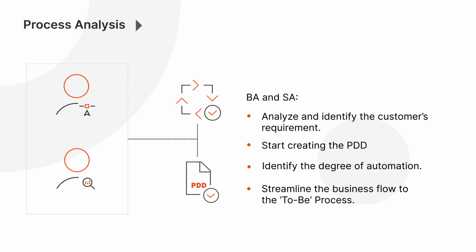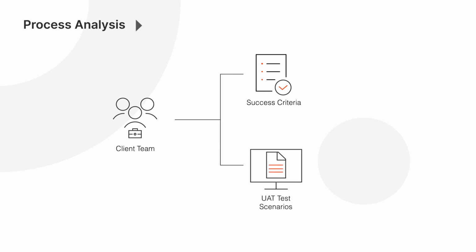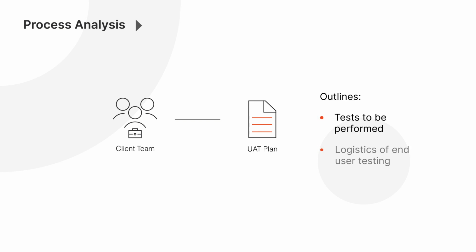Once the PDD is completed and approved, the client's team has the responsibility of coming up with the success criteria and the UAT test scenarios, which will be the basis of the UAT plan, drafted by the business analyst. The UAT plan is a document outlining the tests to be performed, as well as the logistics for how end-user testing will occur after development.